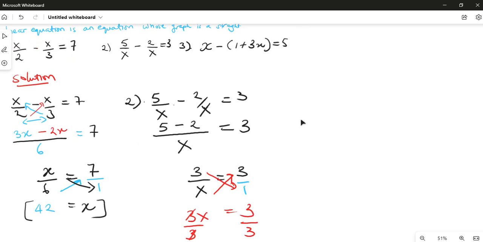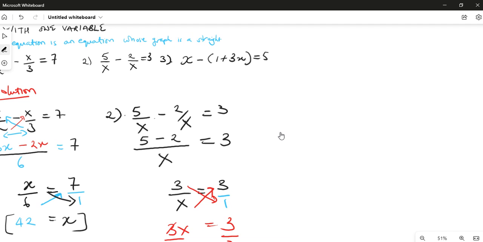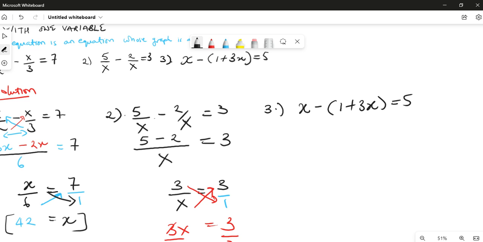The next question we have, question 3. x minus the quantity 1 plus 3x equals 5. The first thing that we're going to do is we will distribute this negative sign here.